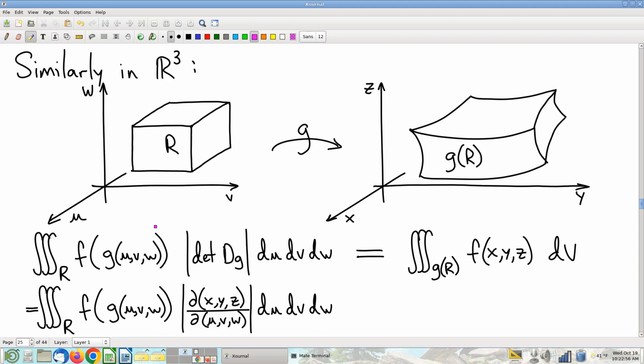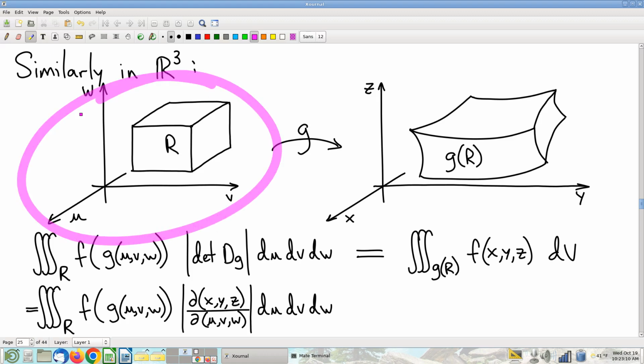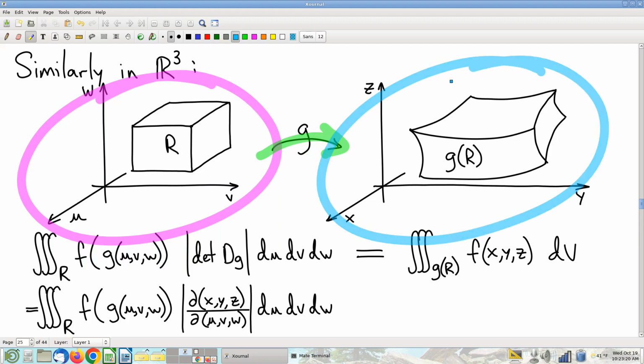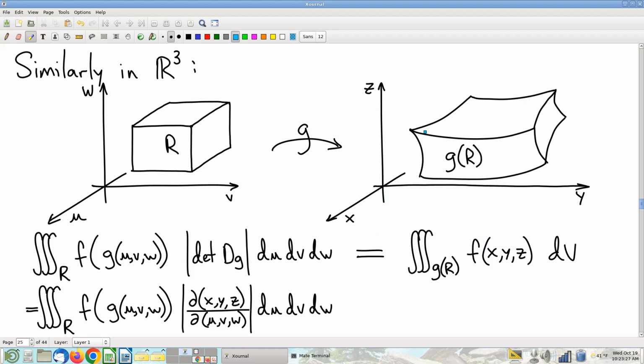Okay. I'm going to say basically the same thing goes down in 3 dimensions. We started off in 2 dimensions because it's easier to draw the pictures. But if you were to have this scenario where you have some domain in, let's call it UVW space, and you push it forward by some function to whatever its image looks like in, let's say, XYZ space, and you want to do an integral on this, oh my gosh, what a horrifying domain this is.